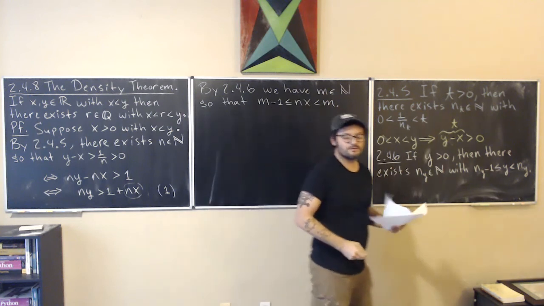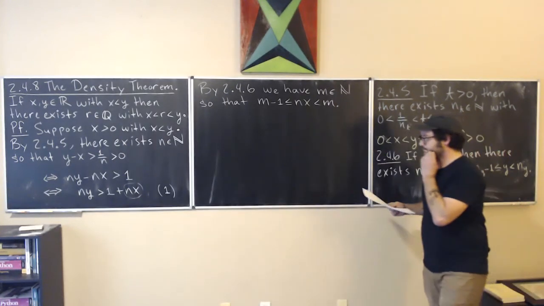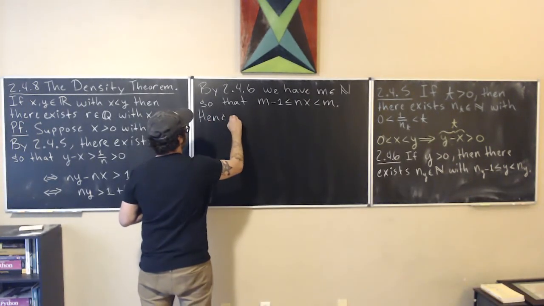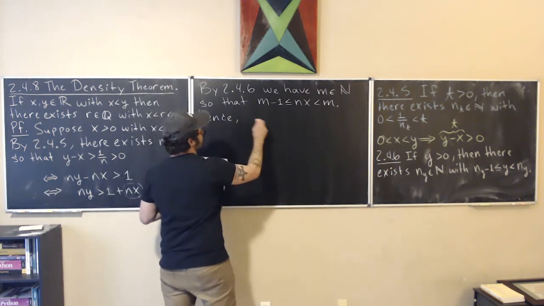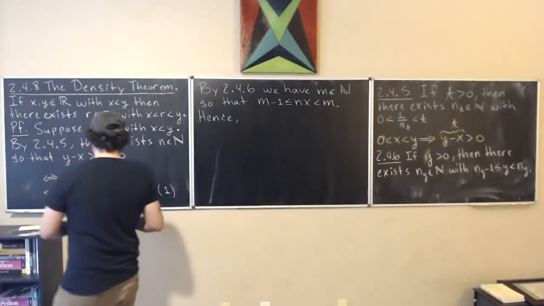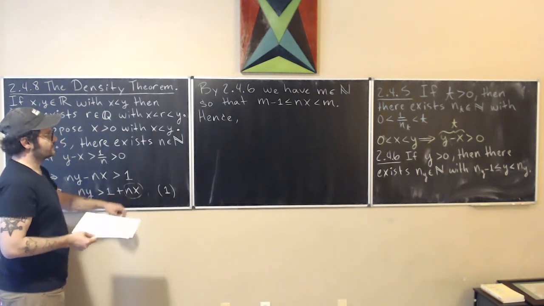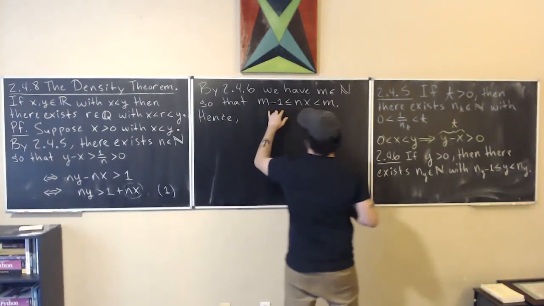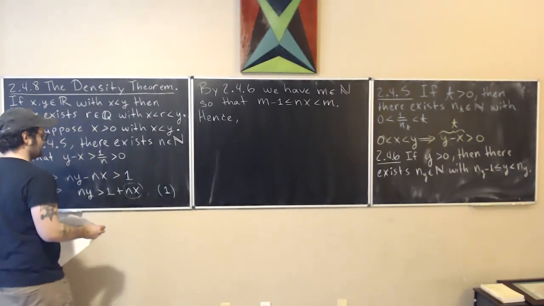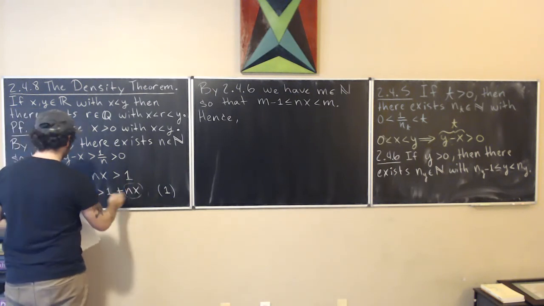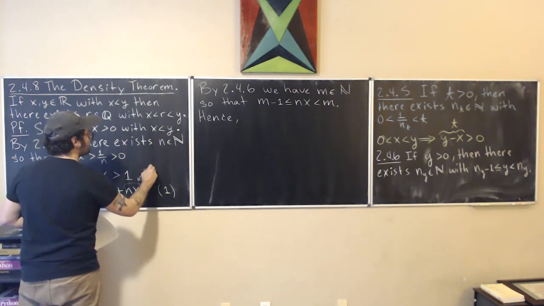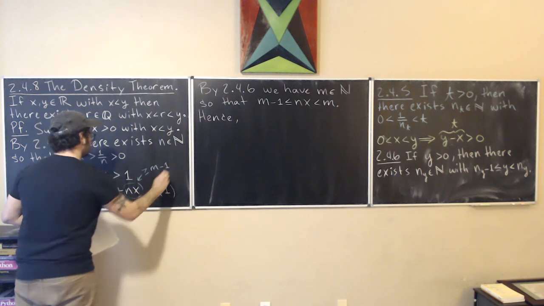So it's just squeezing that real number in between those two natural numbers. So nx right here is less than m, but it's also greater than or equal to m minus 1.